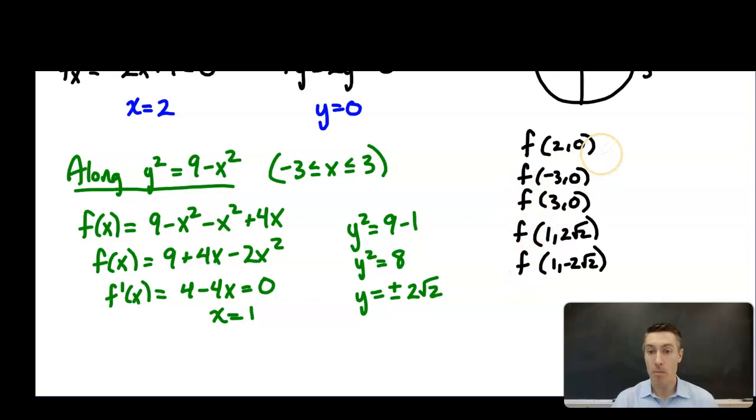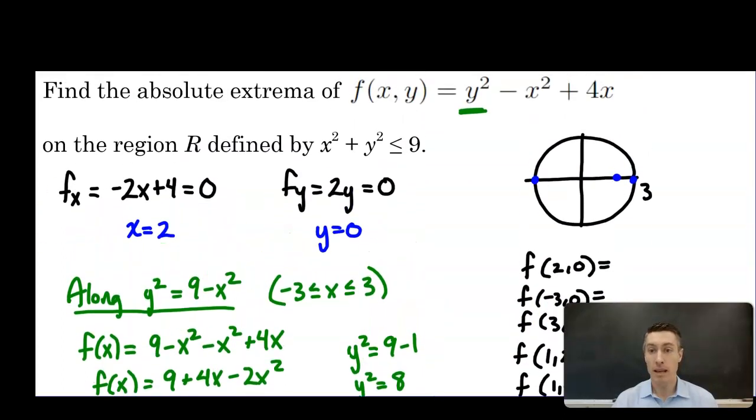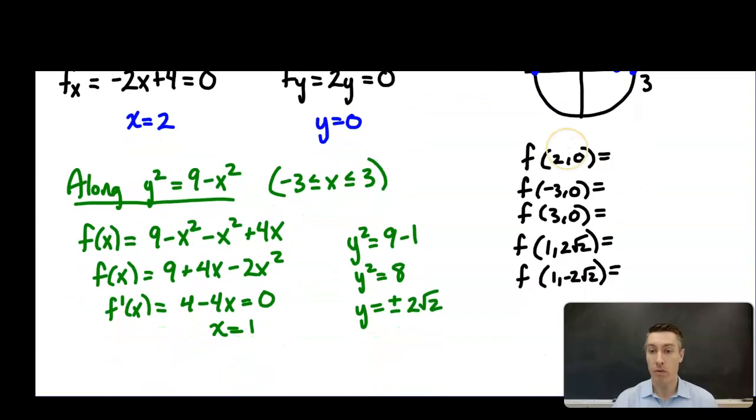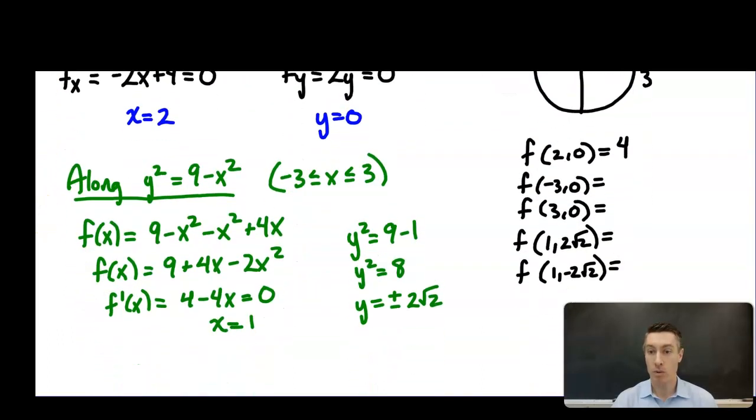Now, off to evaluating. And again, it's just the amount of steps here. I don't think anything individually is really challenging. It's just the fact that there's a lot to do with these absolute extrema problems. So f of 2, 0, that's going to be -4 plus 8, so that's 4. And then -3, 0, that's going to be 0 minus 9 minus 12, so -21.